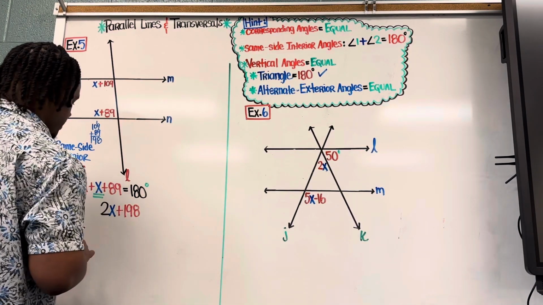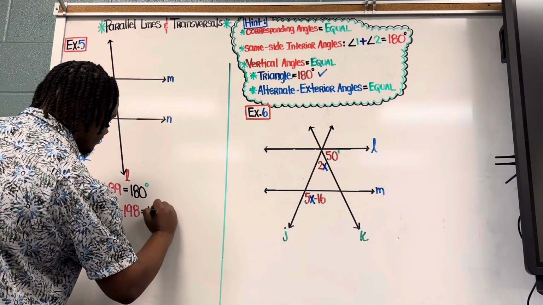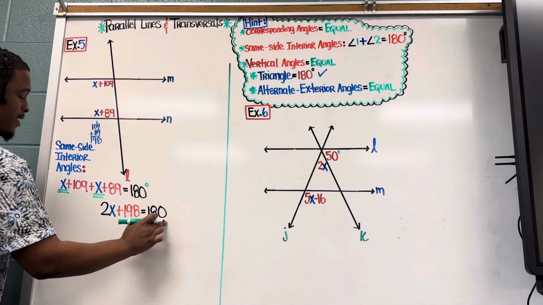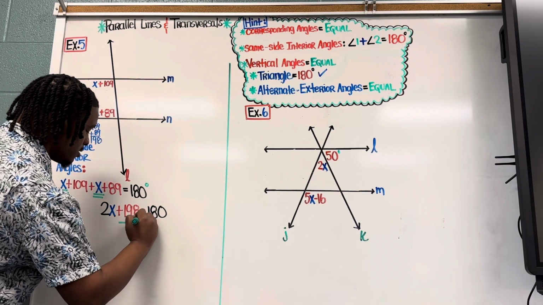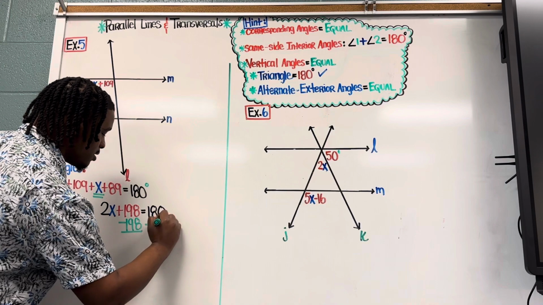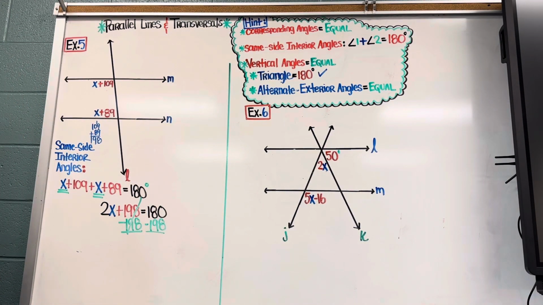Yes, 198, okay? Equals 180. Okay, we can continue on. I'm going to subtract 198 on both sides. Okay, 180 minus 198 equals negative 18.